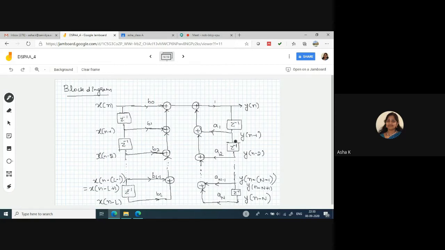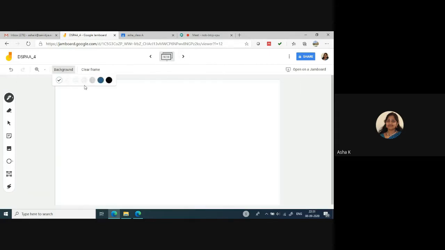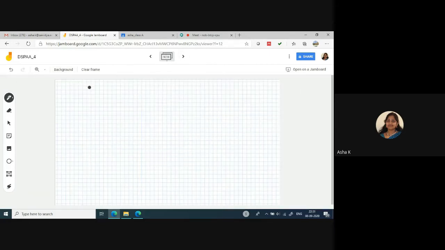After this topic, we'll move on to the important topic, the modification of this filter equation. In this, first we'll assume that all the output delayed versions are zeros. First we will learn the concept called the finite impulse response filter.